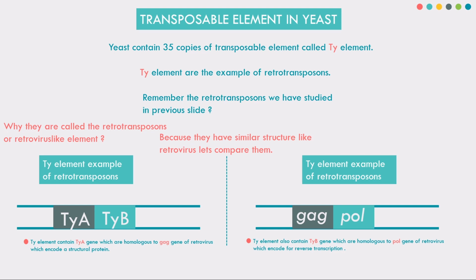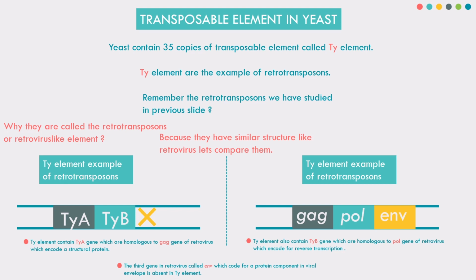The third gene in retrovirus, called the ENV gene, which codes for a protein component in the viral envelope, is absent in the Ty element.